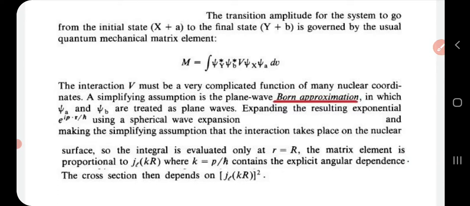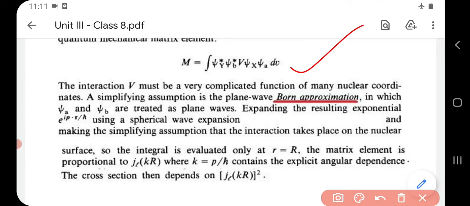Then they are discussing the transition amplitude. That is, what is the transition amplitude for a system to go from the initial state x plus a to the final state y plus b. It is governed by a quantum mechanical matrix element M, which is given by this formula. Here the interaction V is in the matrix element, in which the wave functions psi A and psi B are considered as plane waves.